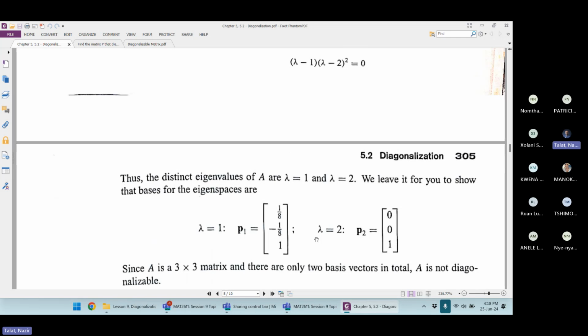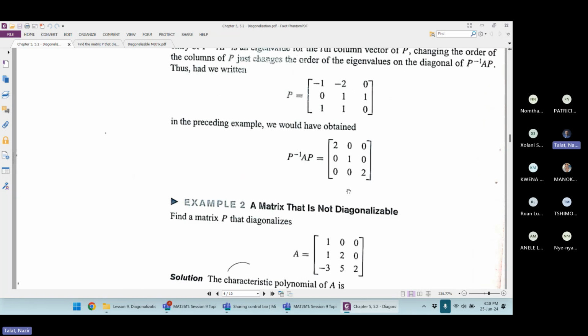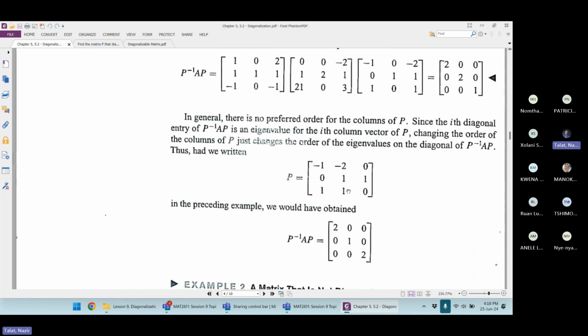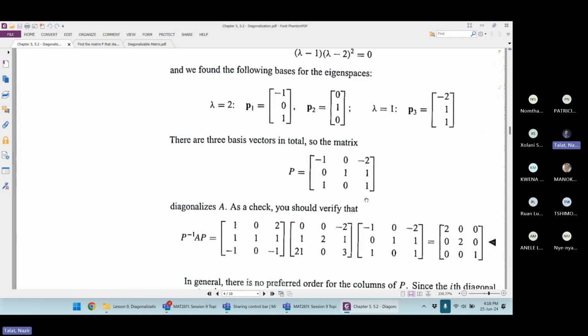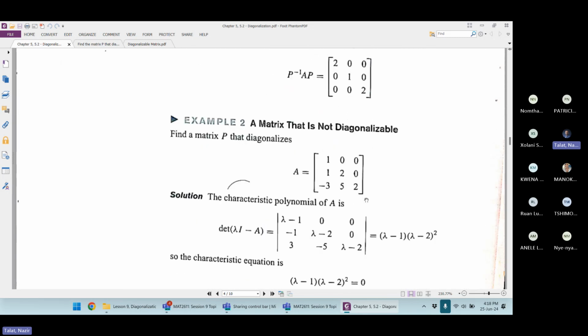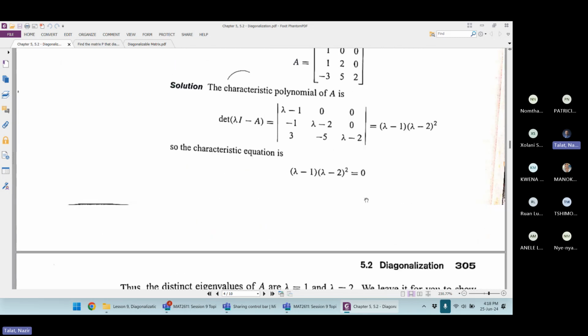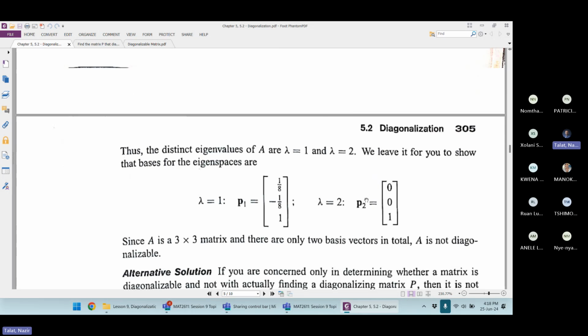Although p1 and p2 are independent, there is no third vector which you can combine to write P as p1, p2, p3. If this doesn't make a matrix with independent columns, then such a matrix will never be diagonalizable, because there are not three vectors p1, p2, p3 from which you can form a matrix P.